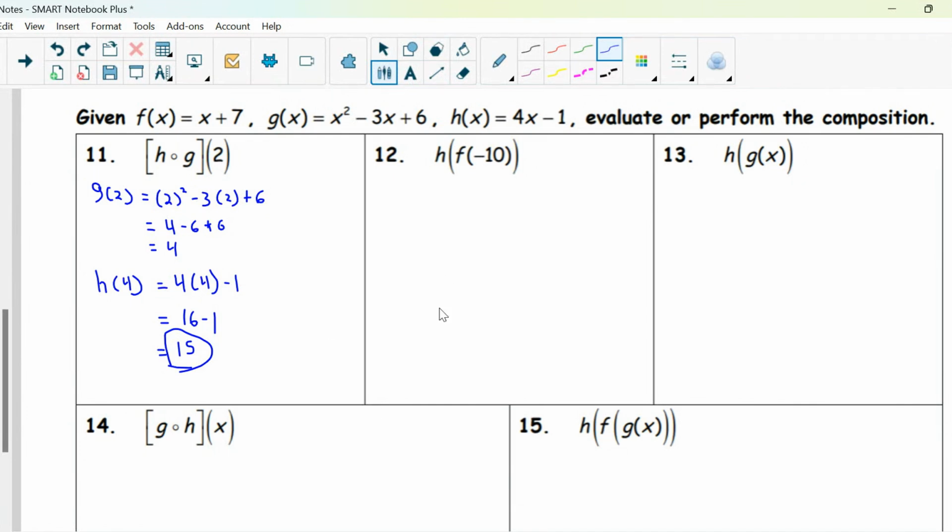Hopefully between these and those last two that I completed, you guys have somewhat of an idea of how to do number 12 here. I do want to take a look at one more, and maybe we're going to choose to go over 13 actually. Well, actually, I'll do 14.